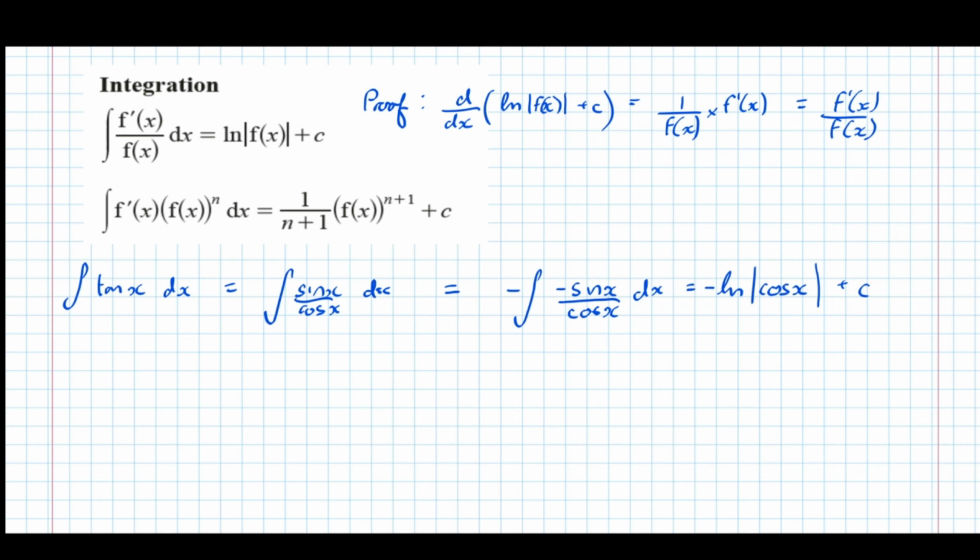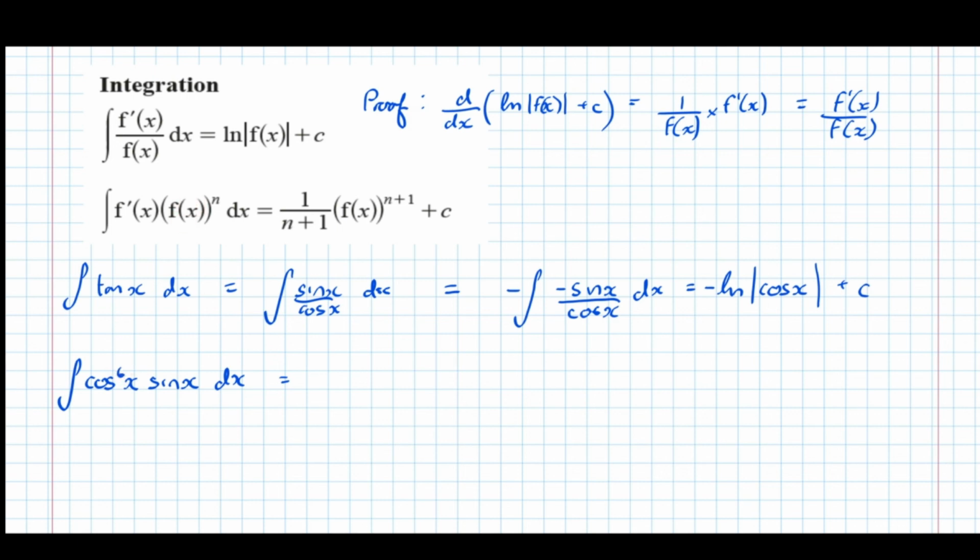Let's have a look at this second one. The integral of cos to the power of 6 x sin x dx. Notice that's the form of this one here, because we've got f of x wrapped in a bracket to the power of 6.